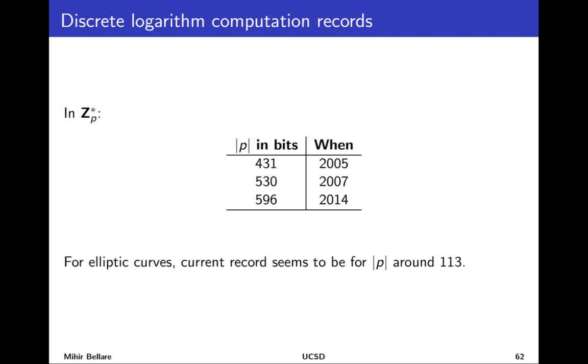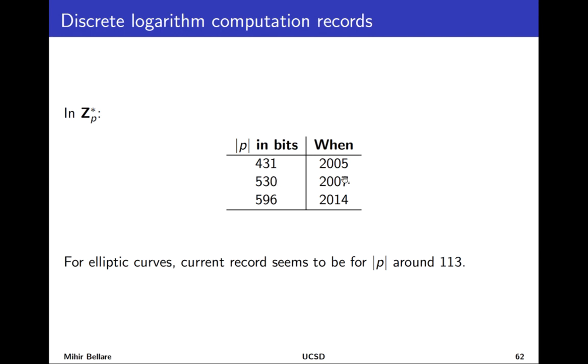These often take the form of challenges. Various entities publish challenges and pay out money if you find the discrete logs corresponding to the challenge. So you see here that when the bit length of P was 430, by 2005, they were experimentally able to find discrete logs.